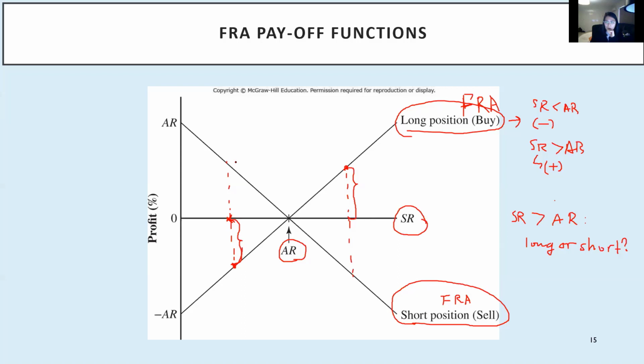I'm going to start a poll. So here I'm looking at a situation where my expected future interest rate is going to be higher than the agreed rate. Okay. So if that's the case, do I want to long or do I want to short the FRA contract?